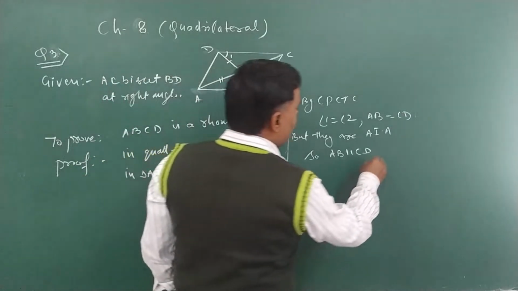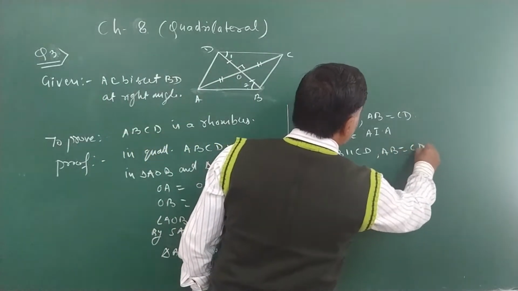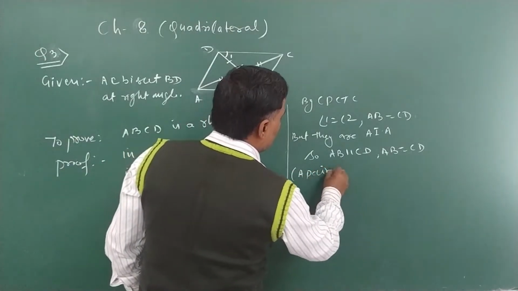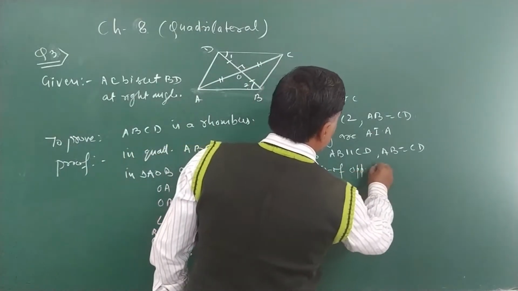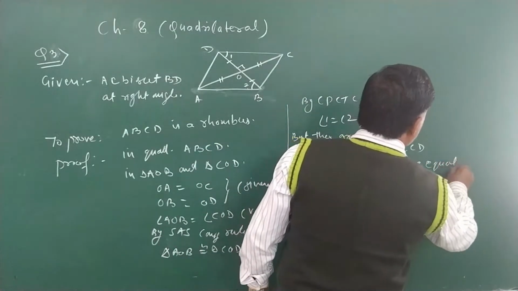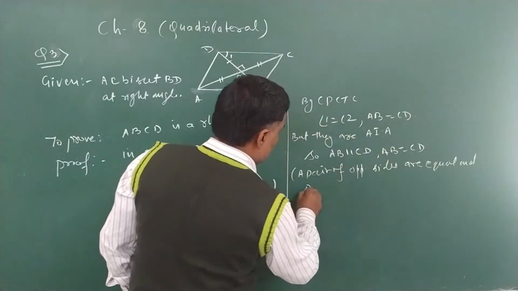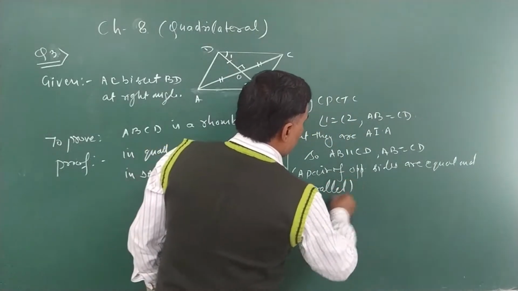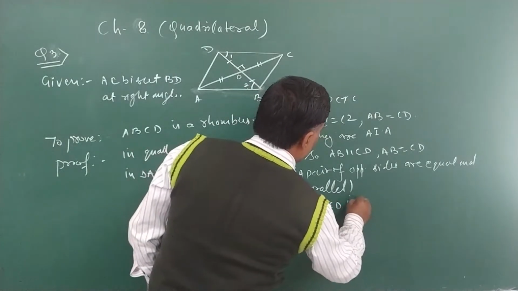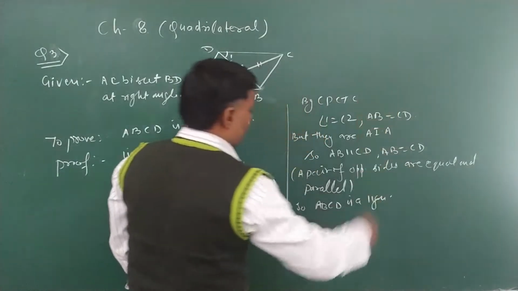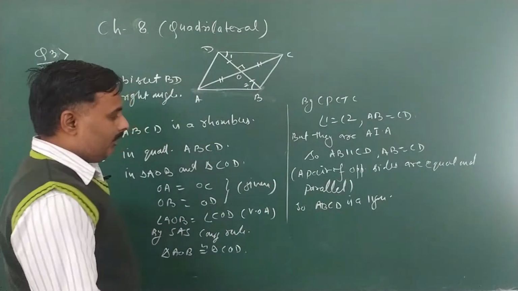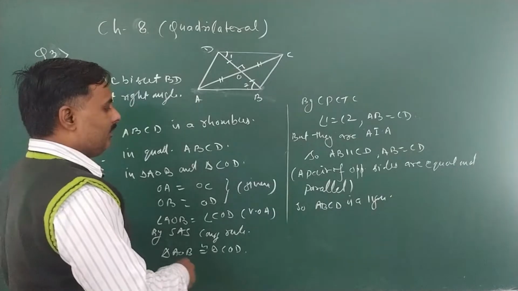If AB is parallel to CD and AB is equal to CD, we can say a pair of opposite sides are equal and parallel, so ABCD is a parallelogram.